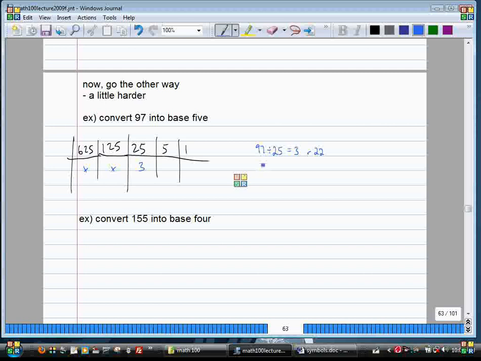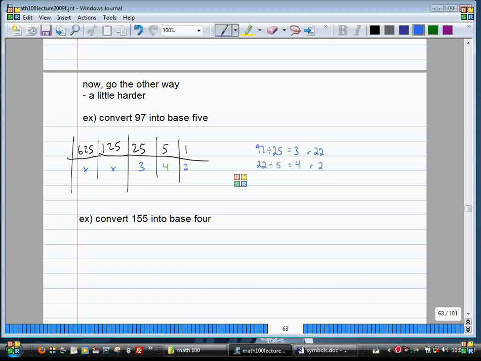So 22 divided by 5, and what's that? That's 4, remainder 2. So it's got 4 5s, and then what? And then we're just left with 1s, so clearly the remainder 2, that means there are 2 1s.